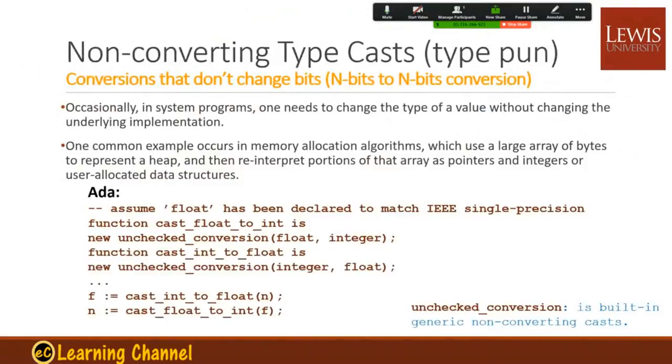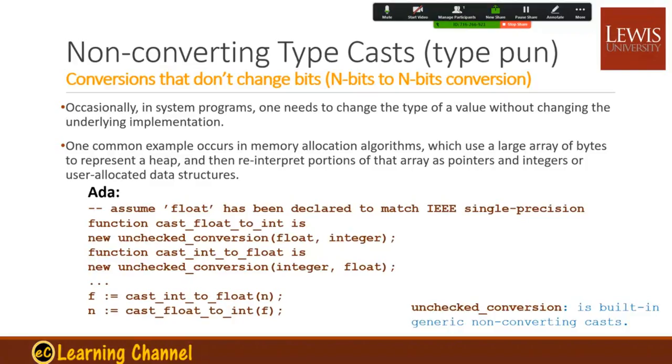Non-converting typecasting is a conversion that does not change bits, bit-to-bit conversion. What is type-converting casting, usually? For example, if my number of bits are not equivalent, I convert from an integer to long or long back to integer.